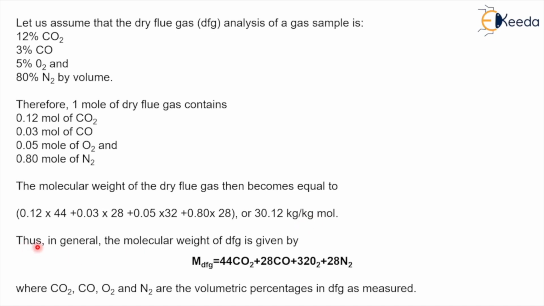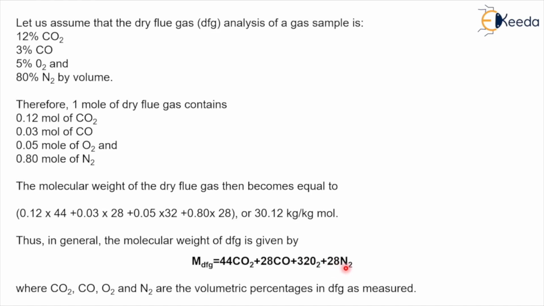In general, the molecular weight of dry flue gas is written as 44 multiplied by the volumetric percentage of carbon dioxide, plus 28 into the volumetric percentage of carbon monoxide, plus 32 into O2, where 32 is the molecular mass of oxygen, plus 28 into N2, where 28 is the molecular mass of nitrogen.